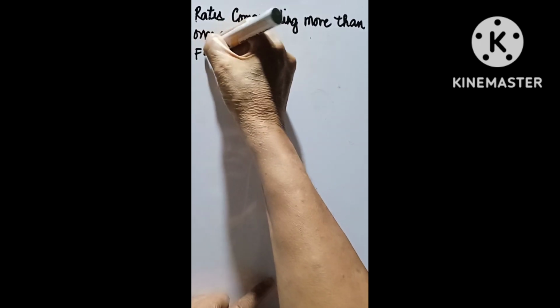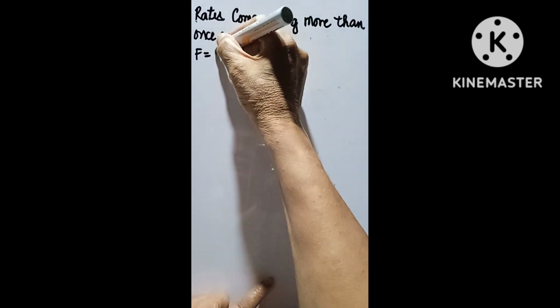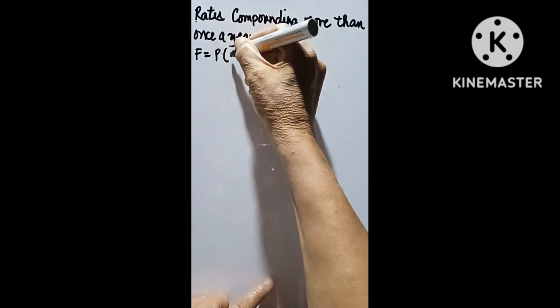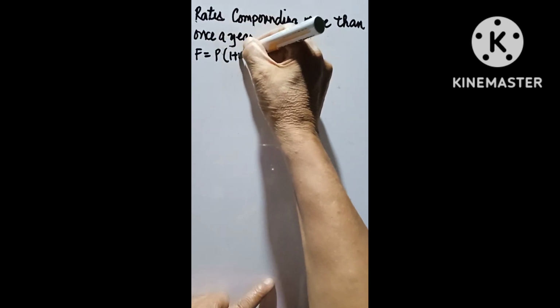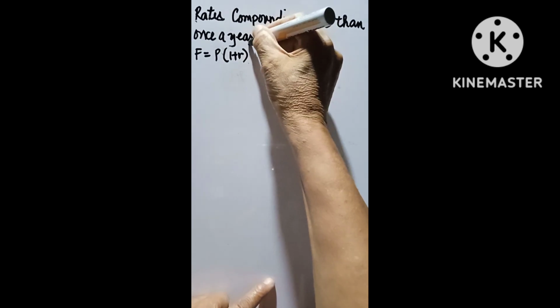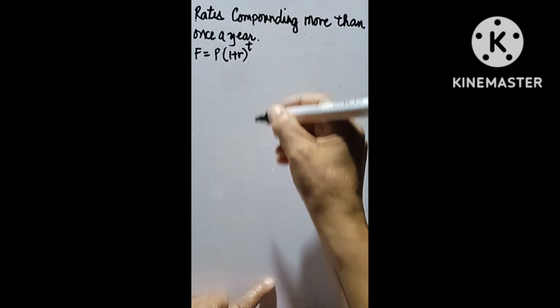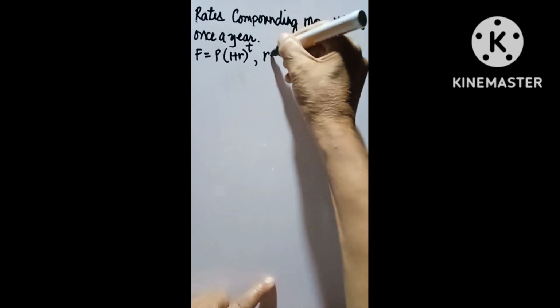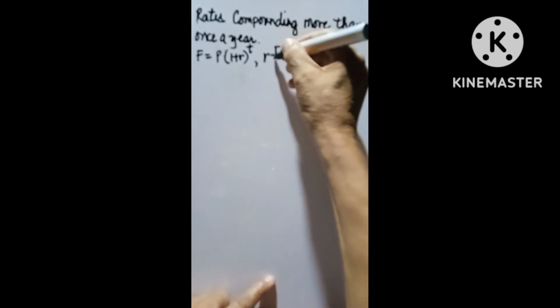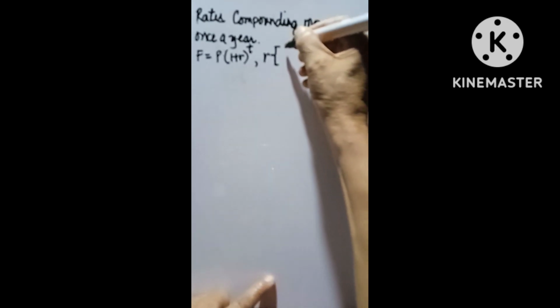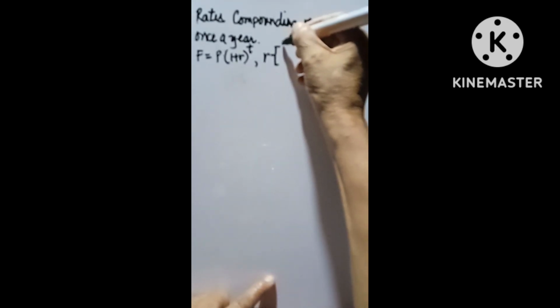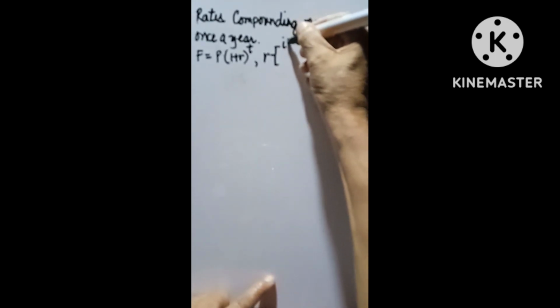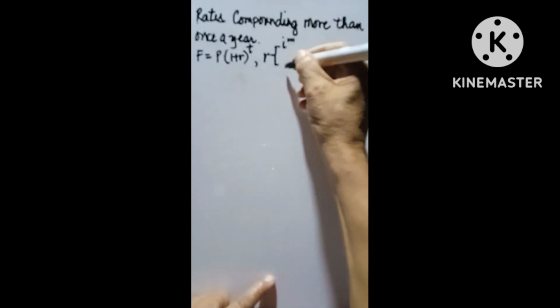So F is equal to P times 1 plus R raised to T. And here, R is split into the nominal rate, I raised to M, and this is J.